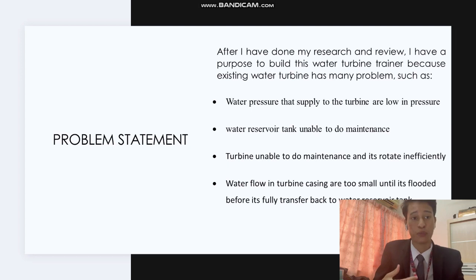And last for my problem statement, the water flow in the turbine casing is too small, so it floods before it is fully transferred back to the water reservoir tank. This is because the size of the hole that transfers water from the turbine casing to the reservoir tank is too small, causing the flow of water to be very slow.